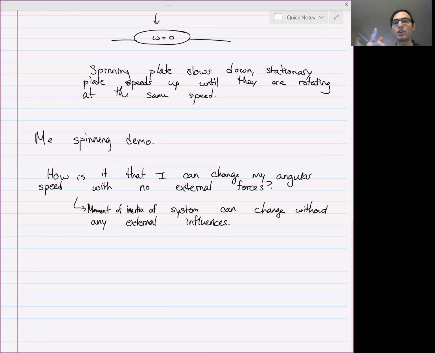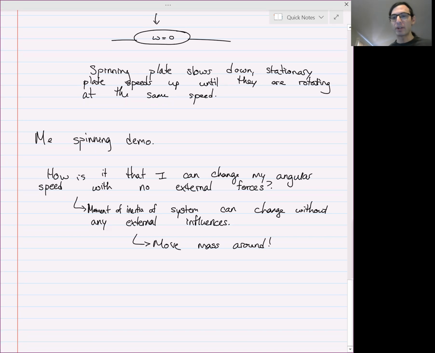The reason we can do that here without adding anything extra is that it's not the case that the only way to change the moment of inertia is by changing the mass. Without any external influences, we can also change the position of that mass. We can change the mass distribution, which affects the moment of inertia of the system. And so that's what you saw me doing.